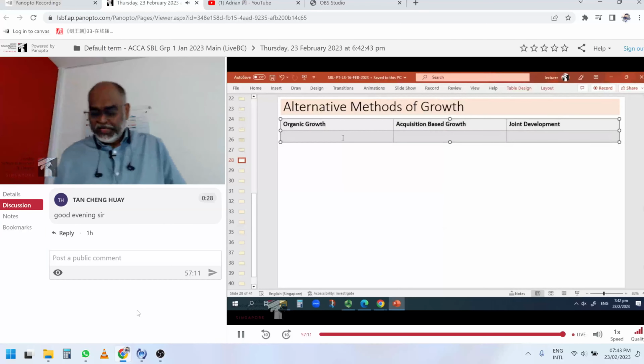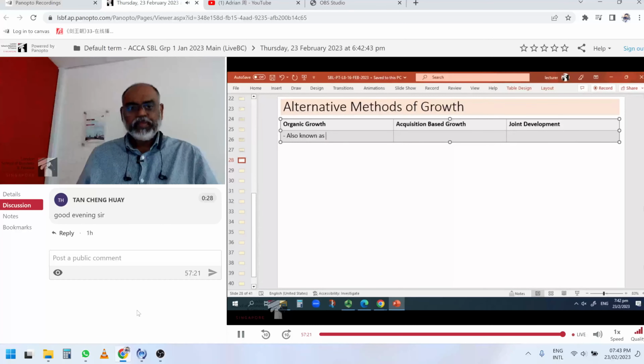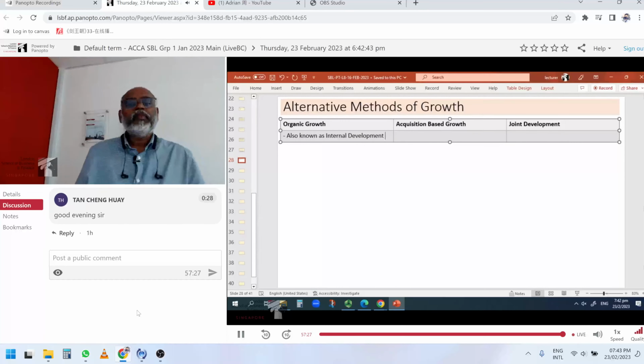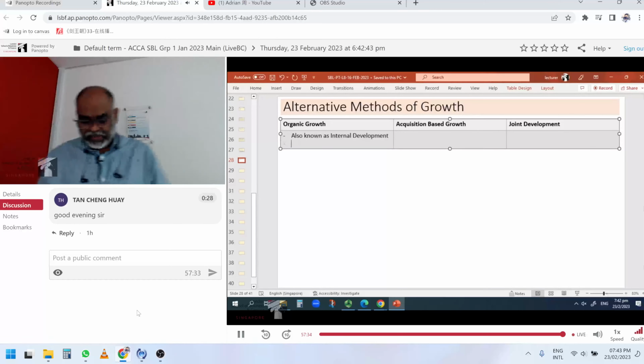Alright, so what is this organic growth? This organic growth is also known as internal development. What is the meaning of internal development?